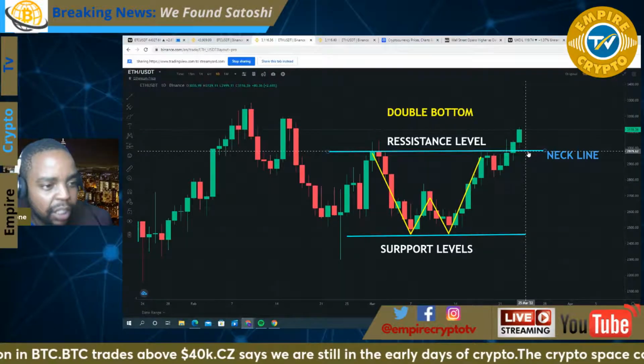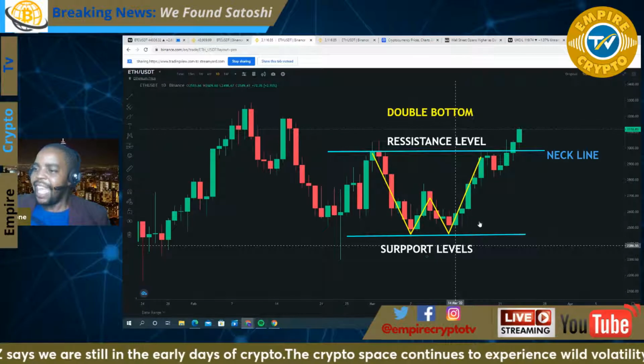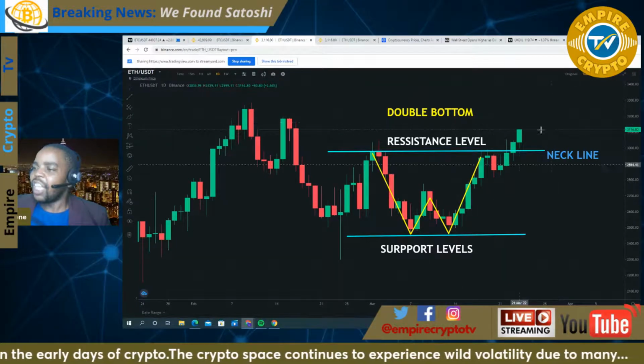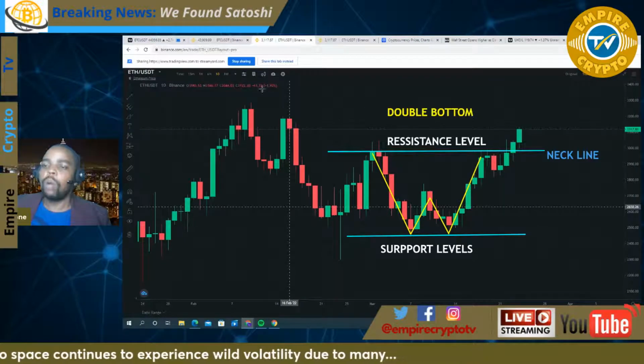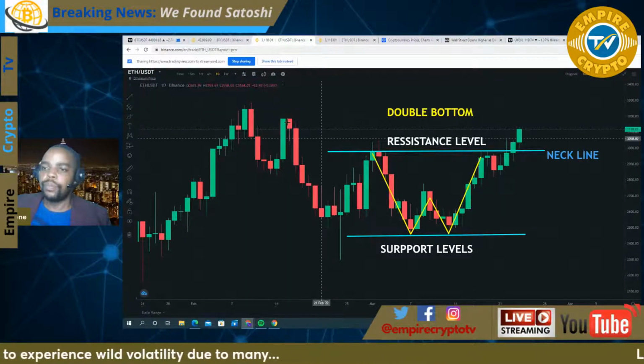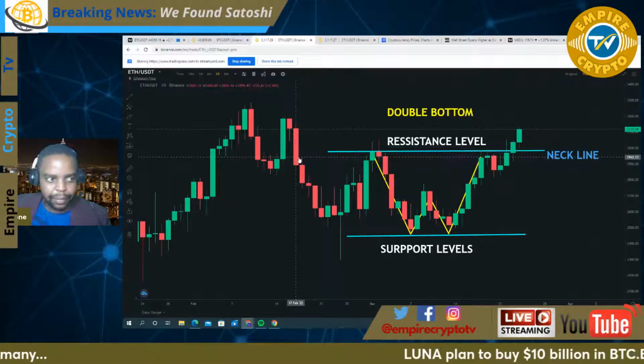Now, a double bottom is a bullish reversal, traditionally speaking. And then there is also what has been called a double top, which is a bearish reversal, the other side of it.